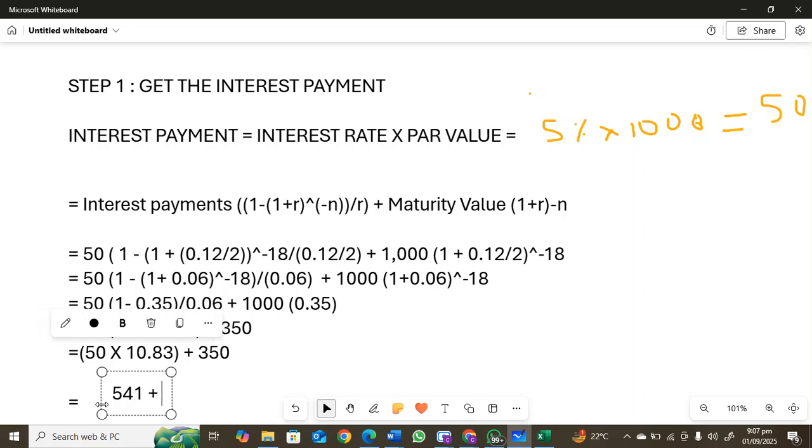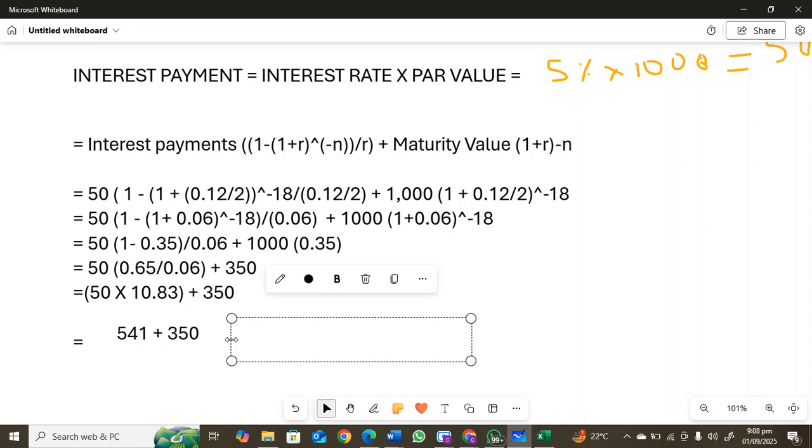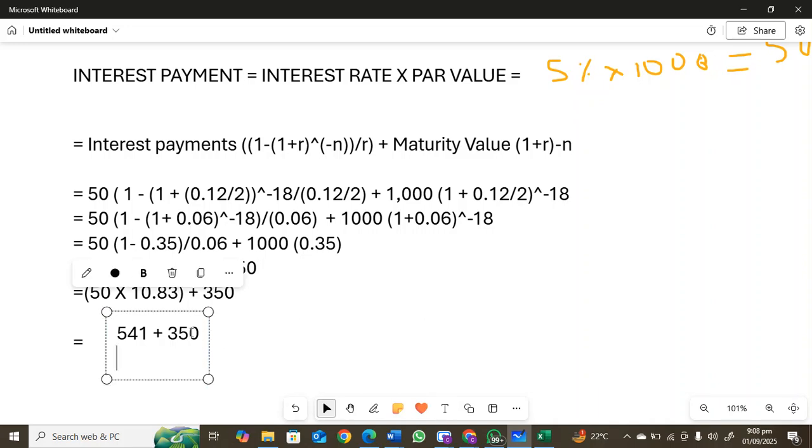Plus 350, 891.66. This is the price of this bond, meaning you pay 891.66 for this bond.